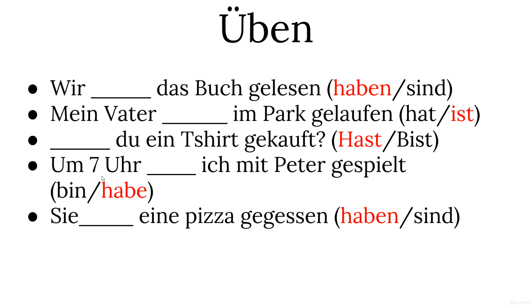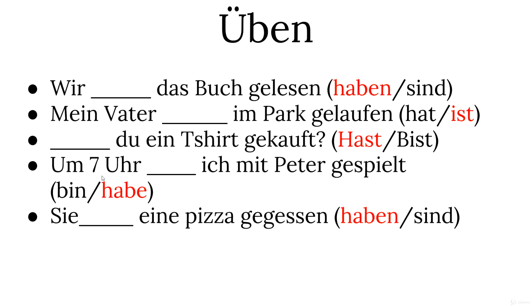Gelesen, there isn't actually a movement, therefore you say haben. Mein Vater ist im Park gelaufen. My father ran in the park. Gelaufen, to run, there is movement, therefore ist.